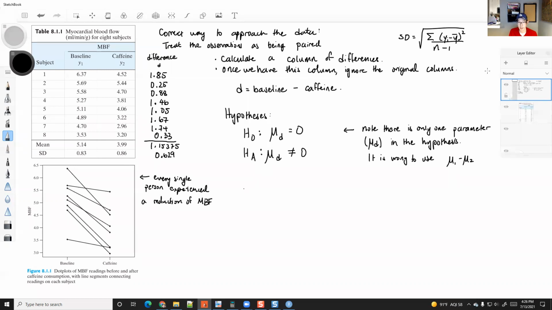All right. So our standard error, this is really the only column that matters, so we're going to ignore those other things. The standard error is going to be the standard deviation of the difference column divided by the square root of n of the difference column. So in our case, we're going to do 0.629 divided by the square root of 8.